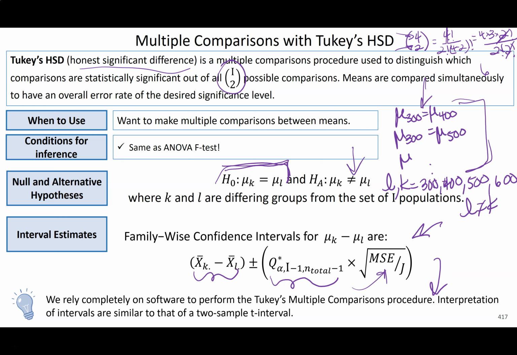But we want to show you the parts that go into it. And then that's multiplied by the square root of your mean square error divided by the numbers that are in each group. Note that this part will change a little bit if you don't have the same sample size in each group. So then we're going to get 6 different confidence intervals, for mu 300 minus mu 400, mu 300 minus mu 500, and so on.